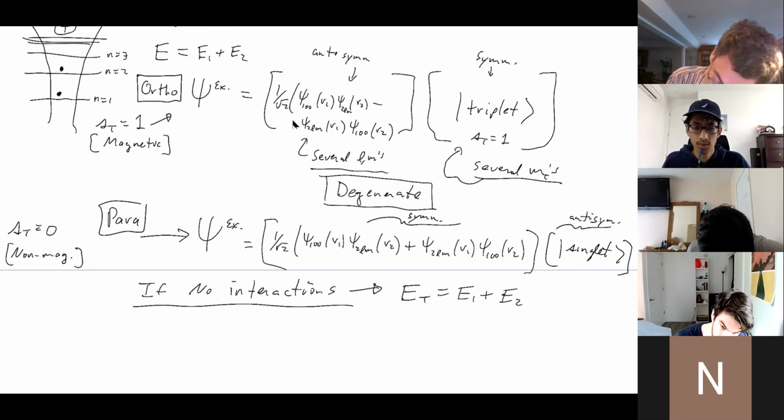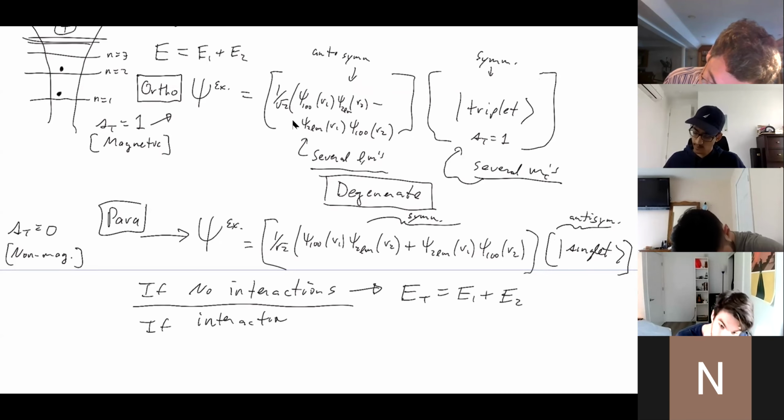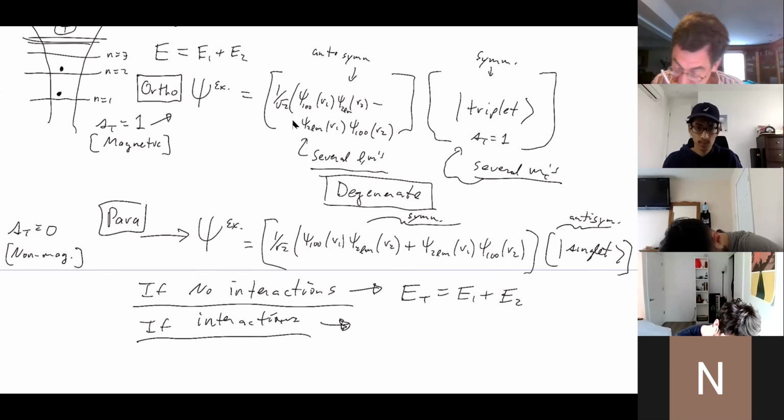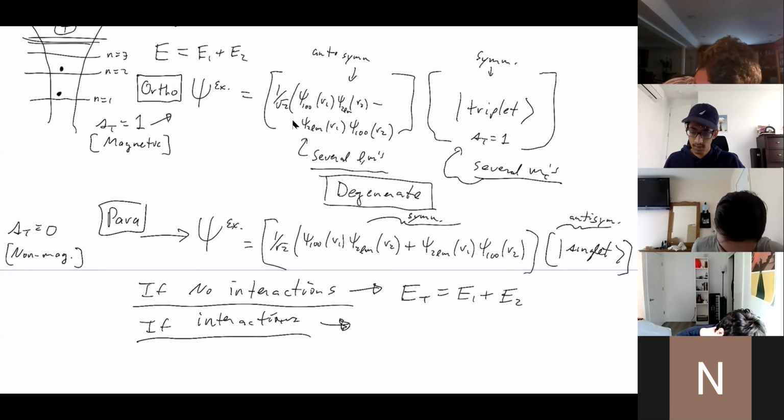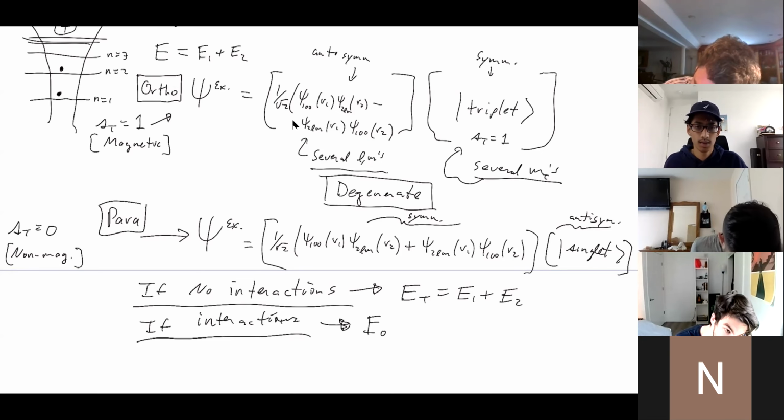But if I have interactions, then we use that Hund's rule business. And which one is lower in energy? The one that has the further apart spatial component. Which one is that? The ortho state. Exactly. E ortho is less than E para.